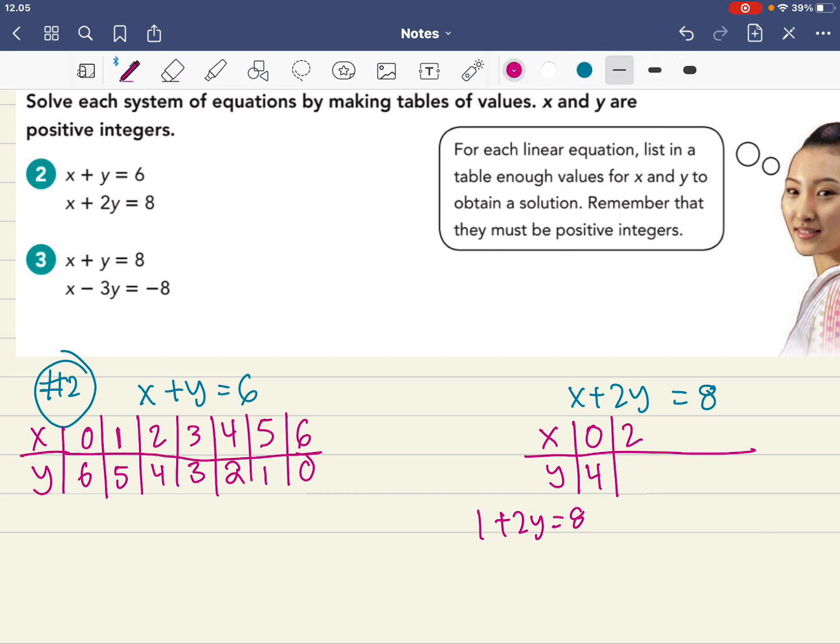So it must be 2. So 2, 3. Hold on. So 2, 3, and then 3 doesn't work because that'd be 5/2. And then 4 would work. 5 wouldn't work. 6 would be 1. And then 8 would be 0.